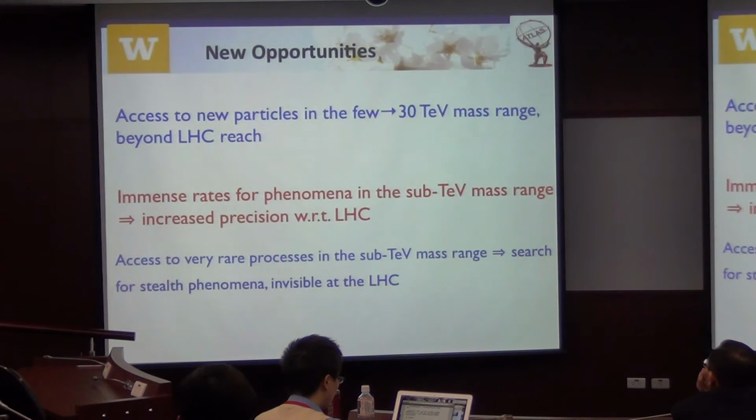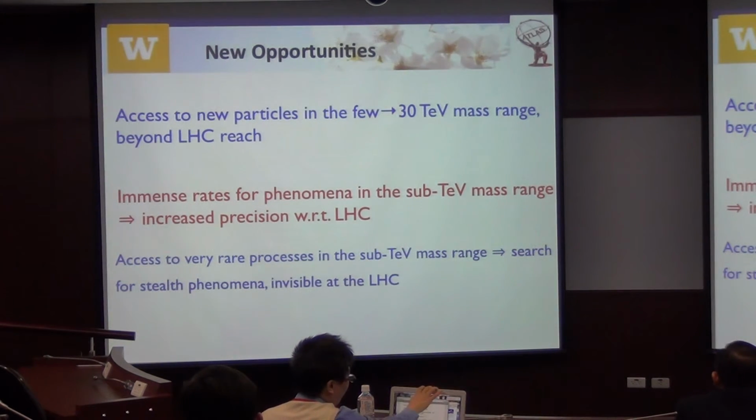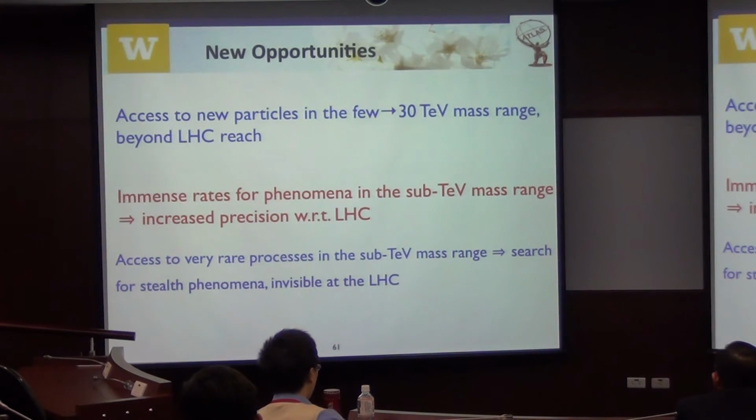The precision measurements, compared with the Large Hadron Collider, as I just showed in some examples, are much better. It also gives us access to very rare processes, so we could search for phenomena that are probably hidden inside the LHC data just because we don't have sufficient data. But all this development, the 100 TeV collider, will not be proposed without any foundation.